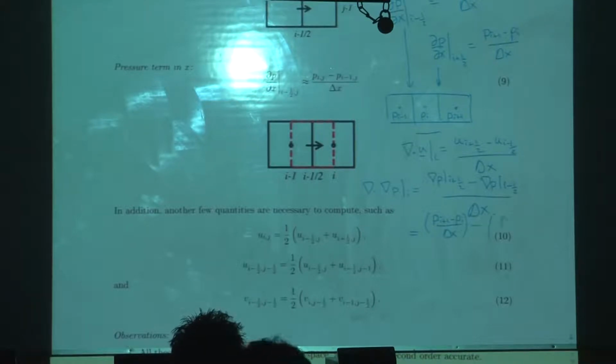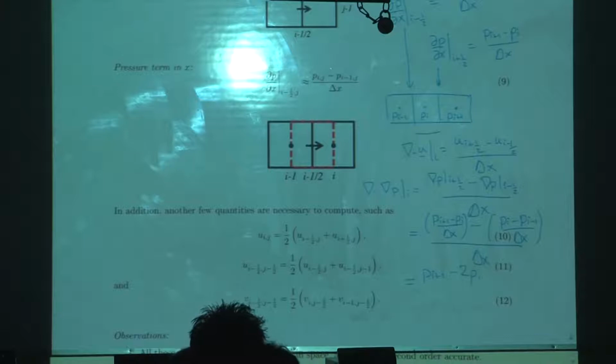Minus p_{i-1} over delta x, the entire thing over delta x. That requires my Laplacian to be (p_{i+1} minus 2 p_i plus p_{i-1}) over delta x squared, which would be the natural second order centered compact Laplacian that you would want to have.